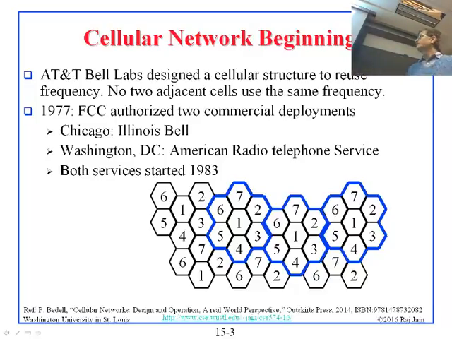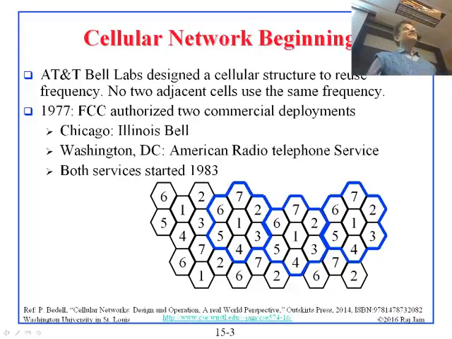Okay, so they would put 1 here and then 6 around it, and then 1 here and 6 around it. So what will happen is no 2 frequencies in the adjacent zone would be same. You see, so 3 and 6, 1 and 2. So there won't be edge effect, right? Interference.